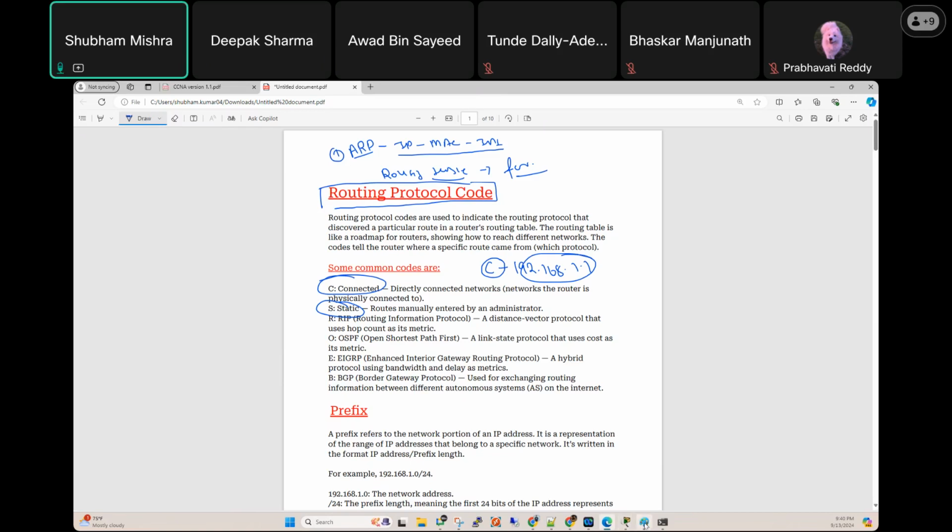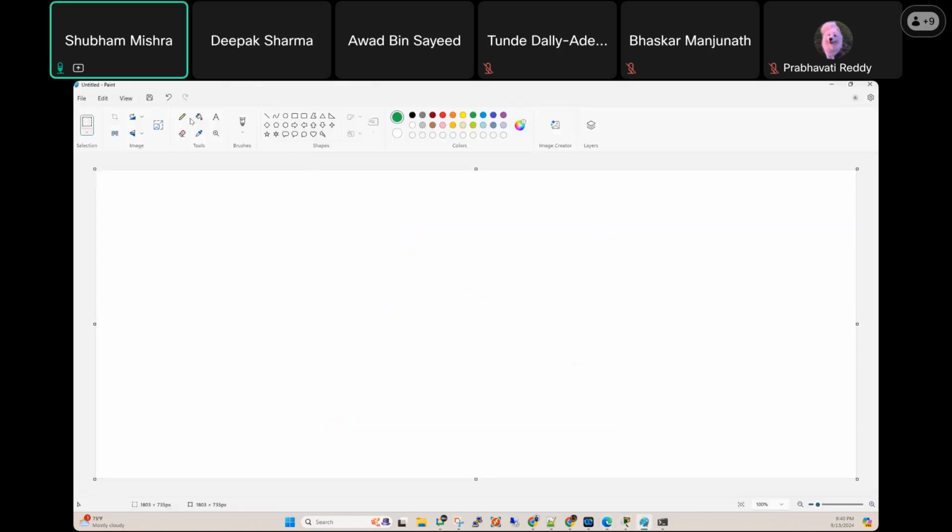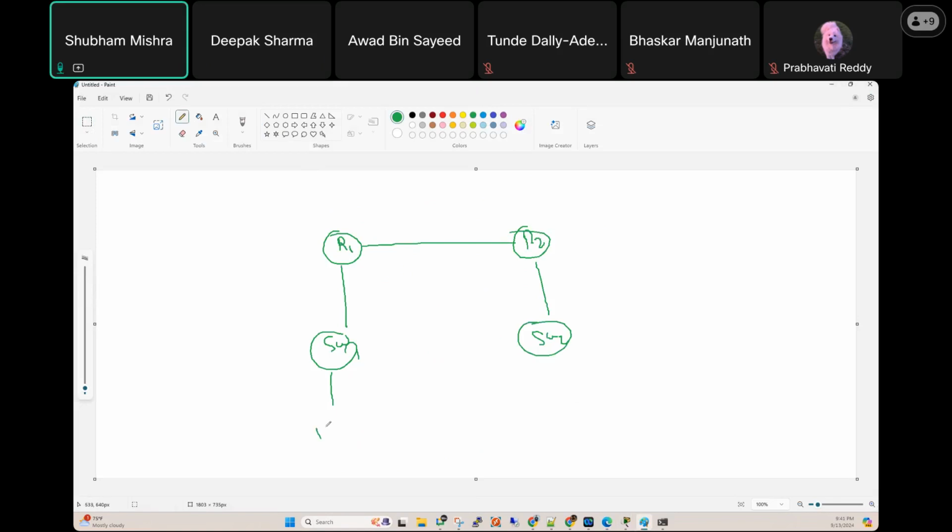Static means, understand like this. For example, there are router number 1, router number 2, one switch number 1, one switch number 2, and here PC number 1, and here PC number 2. Here you configure 10.10, 20.10.